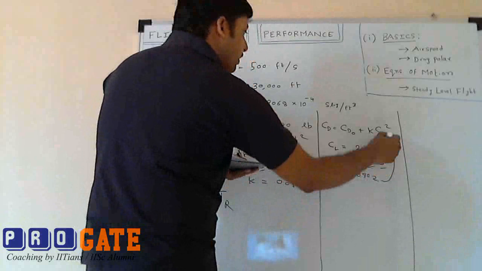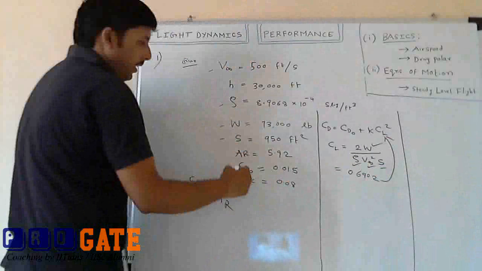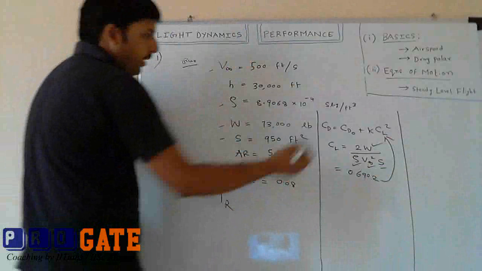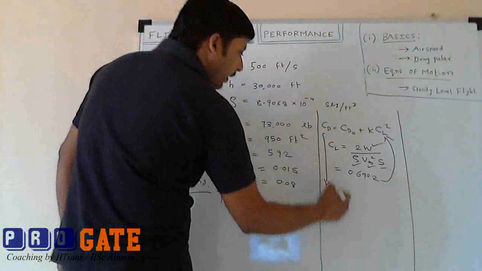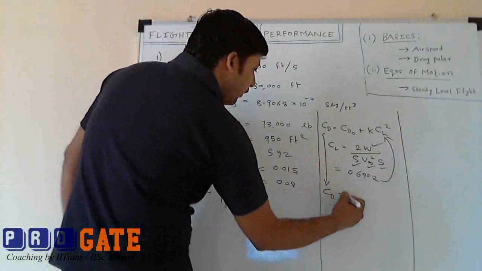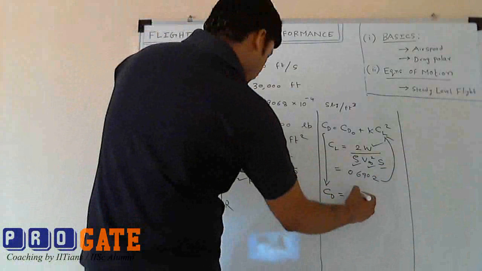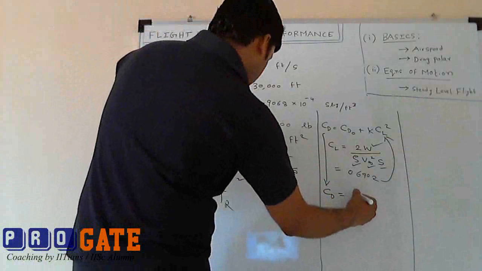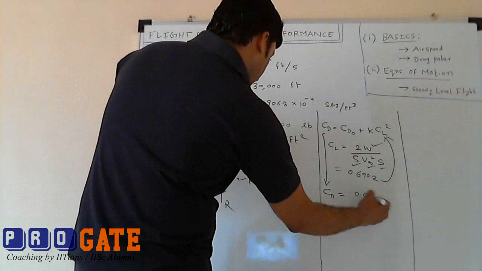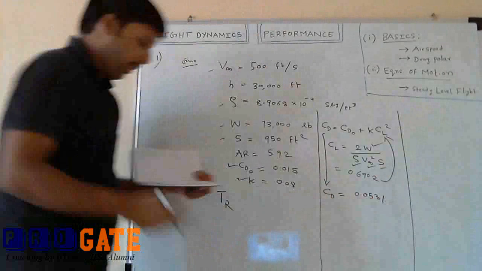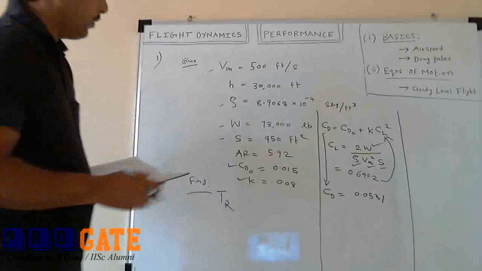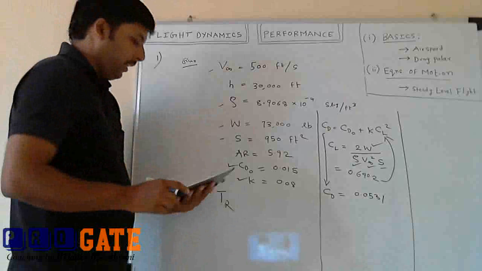Now using this CL, and K and CD0 given, we get CD equal to 0.31. So we know CL and CD.